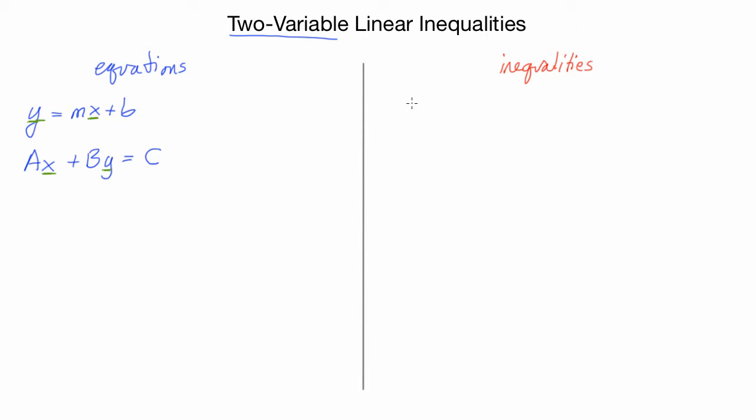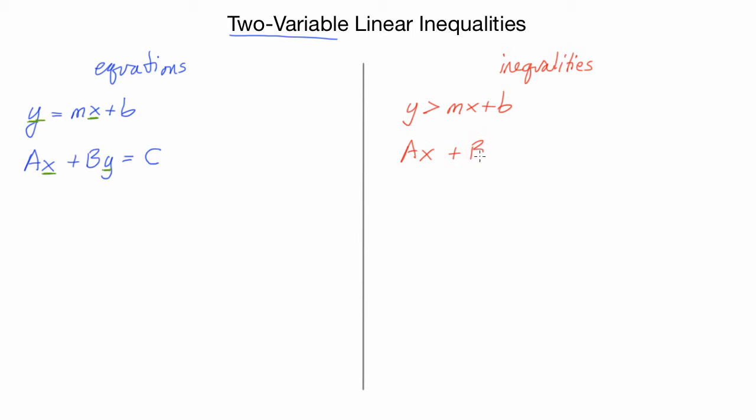What we see now, though, is we can represent the same relationship using an inequality. So instead of y equals mx plus b, I can have y greater than mx plus b. Now I've got something that's unequal. I still have a relationship between x and y, but now there's an inequality defining that relationship. Same thing, I can also put it in standard form.